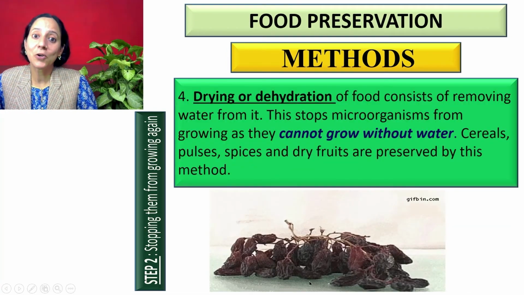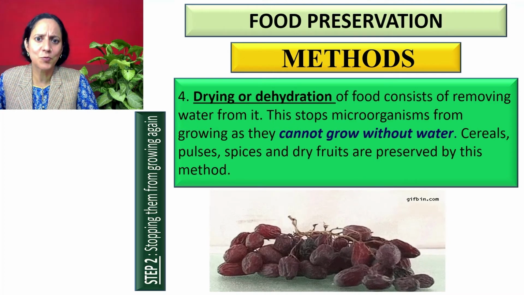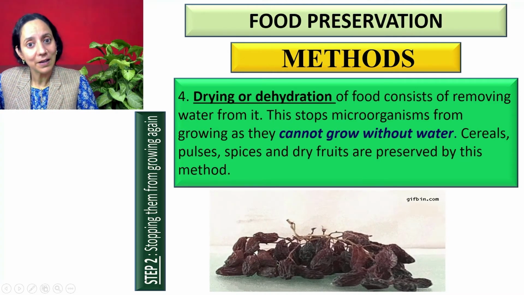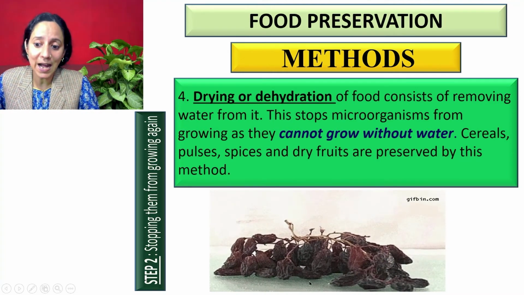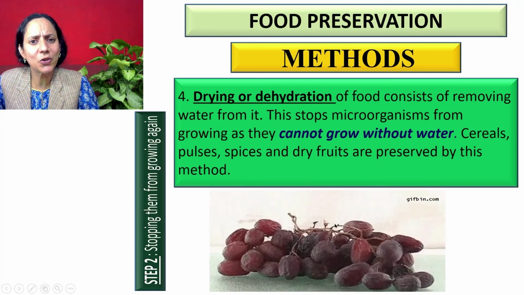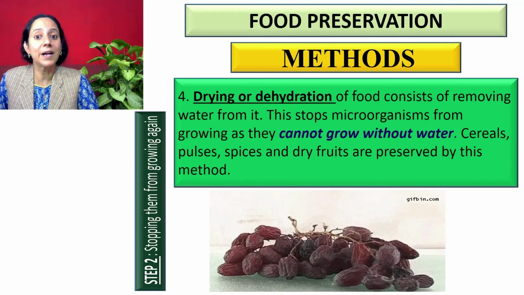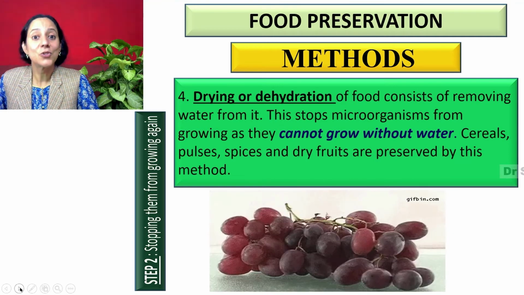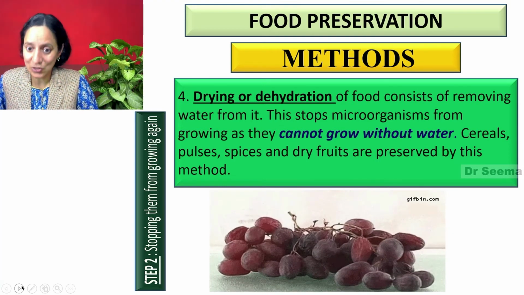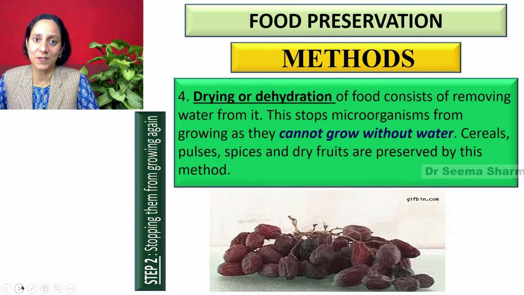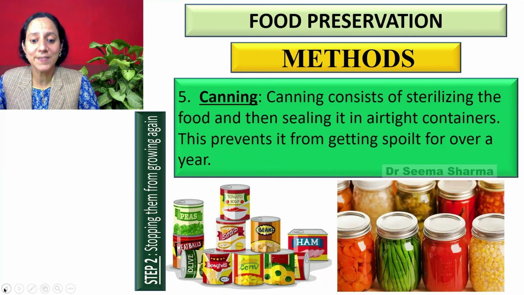Next is drying or dehydration of fresh fruits. They have a lot of water, so if we are going for drying or dehydration of food, this leads to gradual removal of water and drying up of those food items. So drying and dehydration is also one of the methods of food preservation. Next method is canning.